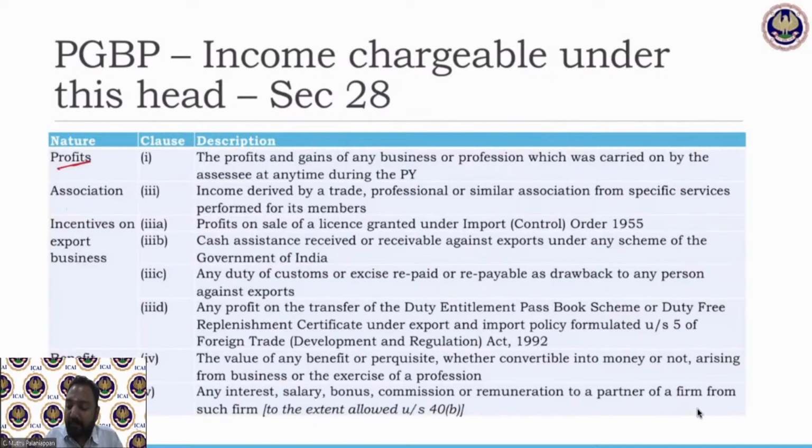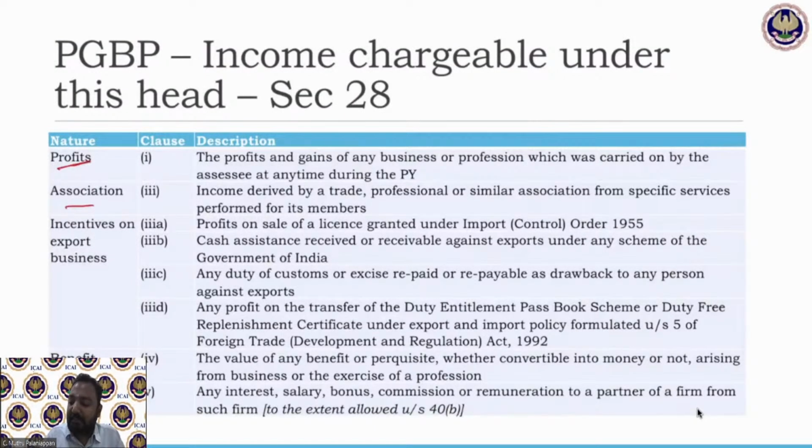The next thing is association. Any income derived by an association, say the Institute of Chartered Accountants of India or a Chamber of Commerce, various business bodies, trade bodies or professional organizations. Whatever they collect from membership fees and subscription fees becomes an income.